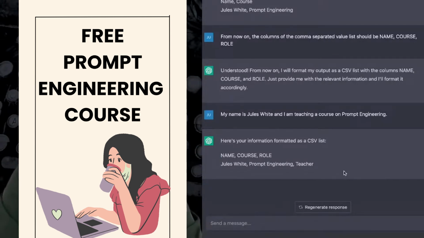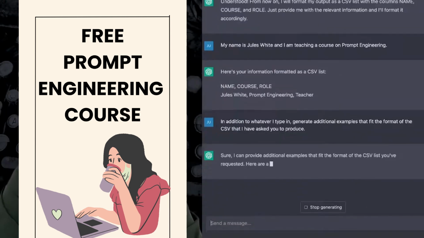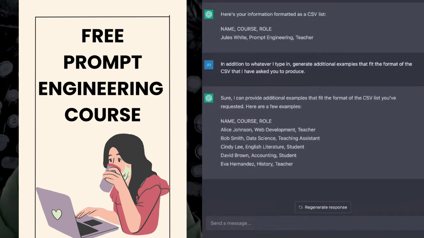Now, we could go and write more for our program. For example, we could say, in addition to whatever I type in, generate additional examples that fit the format of the CSV that I have asked you to produce. And so now what we see is it's taken my original format, name, course, and role, and it's now filled out additional examples.